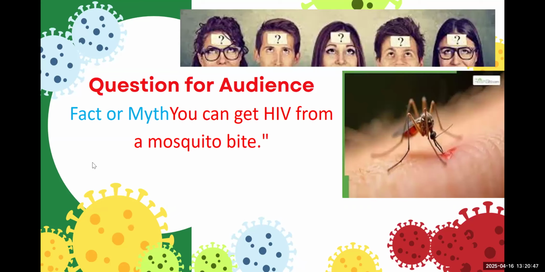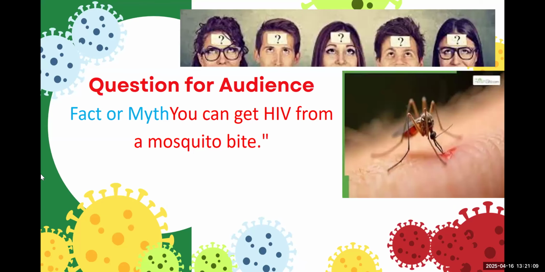Now we have a fact or myth. Can everybody get the HIV virus from a mosquito bite? What do you think? Of course not. We cannot get this from a mosquito because the mosquito cannot transmit HIV.